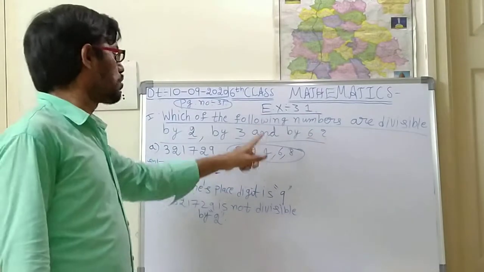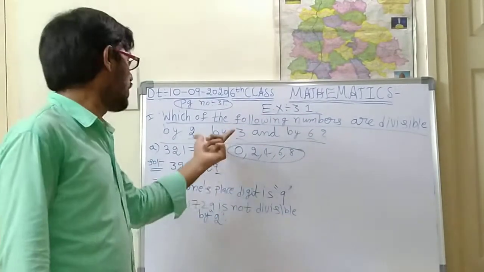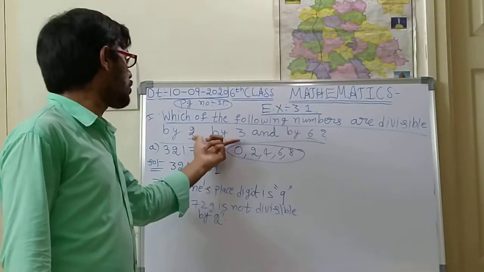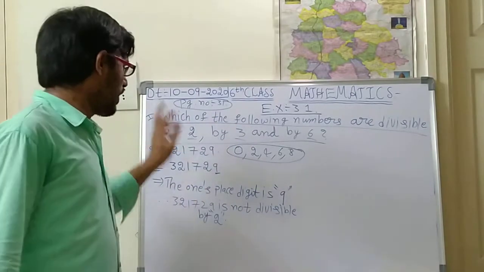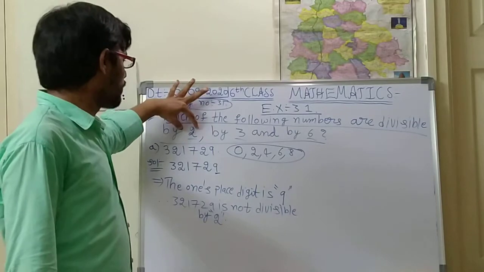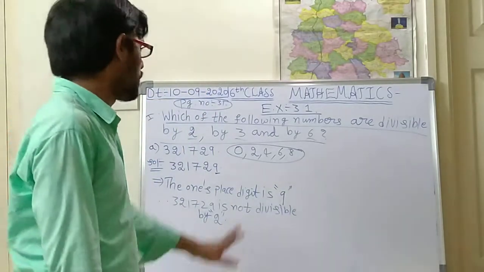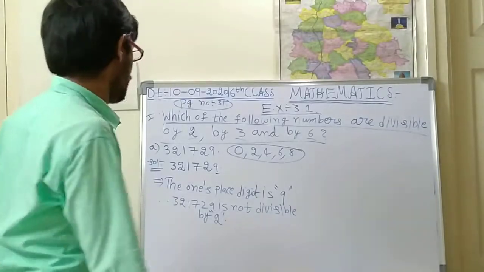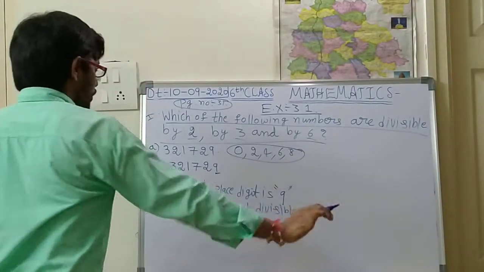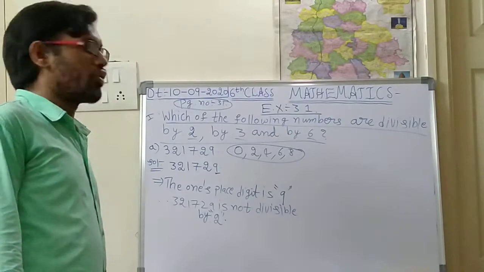For 6, the number should be divisible by both 2 and 3. If even one divisibility is not satisfied, it is not divisible by 6. Like that you are supposed to identify. So the divisibility rule of 2 is completed.